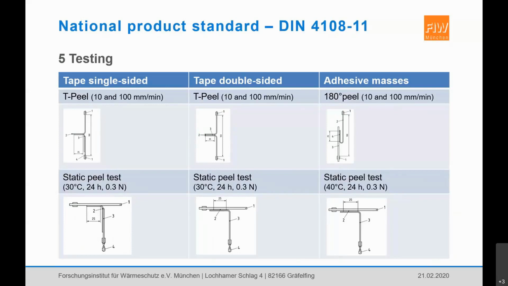The static peel test is carried out at an increased temperature and with a static load of 0.3 Newton applied for 24 hours. Of course, one could question that adhesive tapes and masses are normally not designed to withstand constant creep loads. However, such a situation may also occur in practice. If you think, for example, of the construction phase, some thermal insulation materials may lay on the vapor control layer and act as a kind of dead weight. So this case shall be simulated by this test.